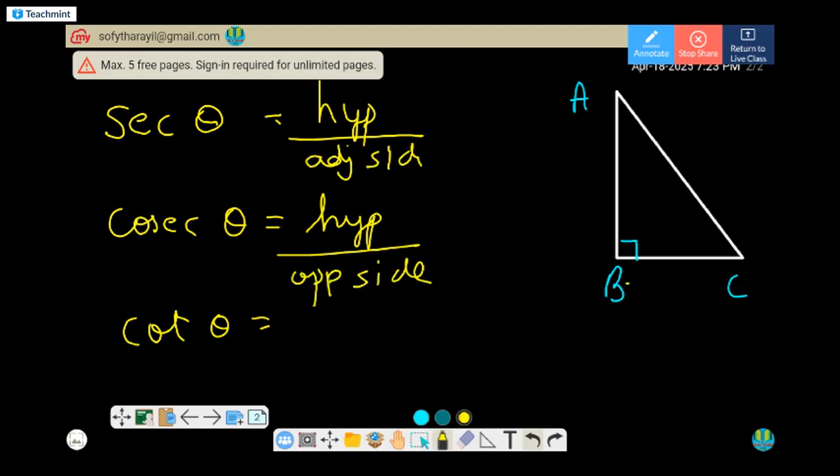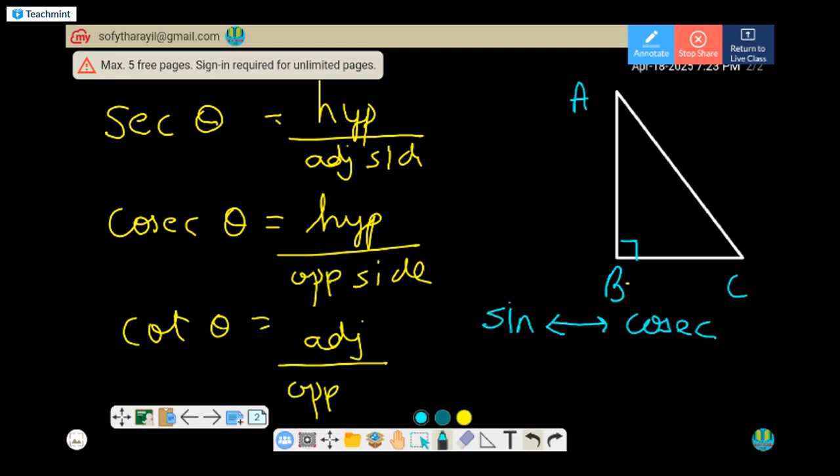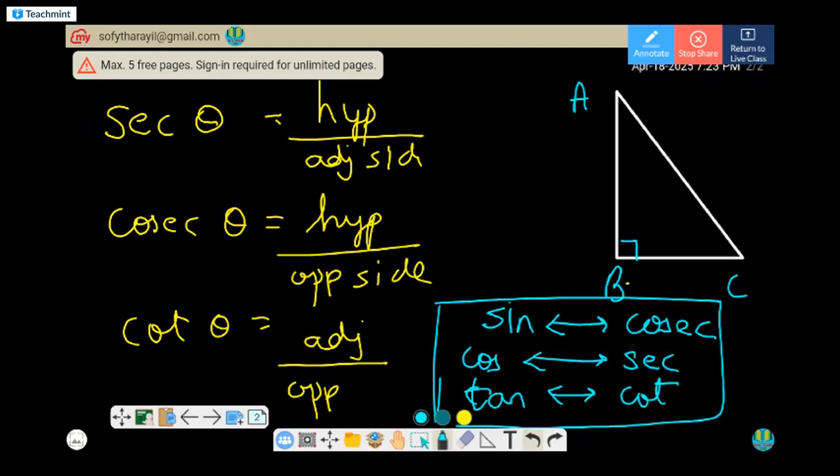And cot will have adjacent side on the top and opposite side in the denominator. So you can write this down and just know the pairs very well. Sine and cosec are reciprocal of each other. Like that, cos and sec are reciprocal of each other, and tan and cot are reciprocal of each other. This is very important for proof-based questions. It will help you to transpose them from one form to another.